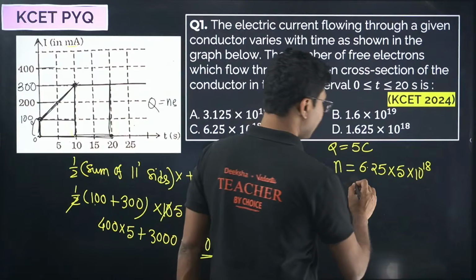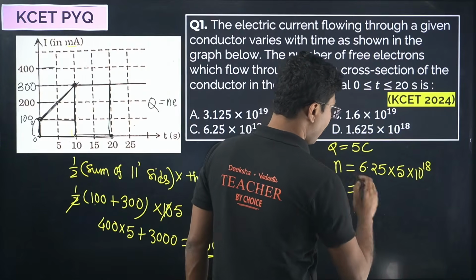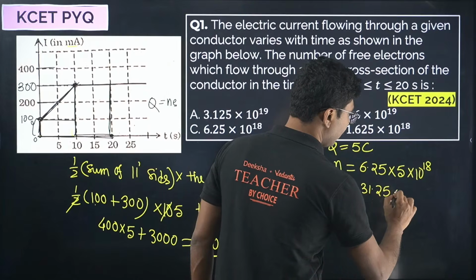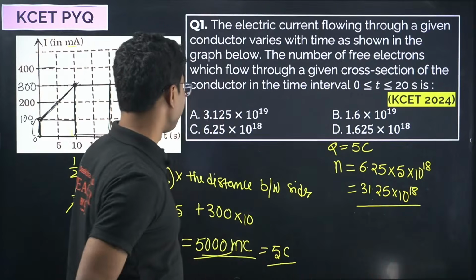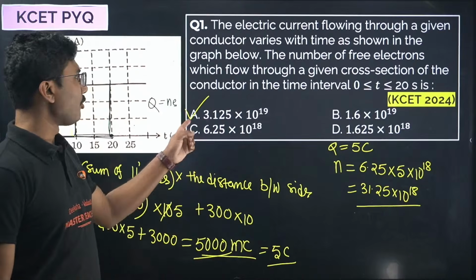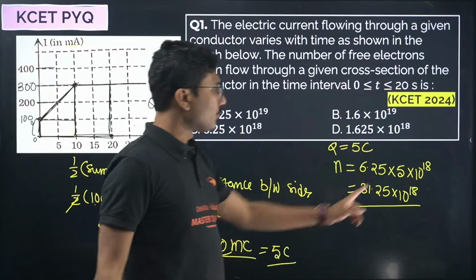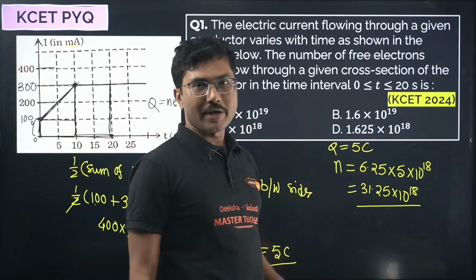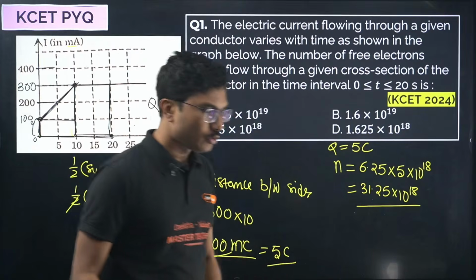So it will be 31.25 into 10 to the power of 18. This is the number of electrons. Okay, so if you see, only one answer is possible, 3.125 into 10 to the power of 19. Okay, so 5 sixes are 30 and 5 into 0.25 is 1.25. That's how I have calculated 31.25.